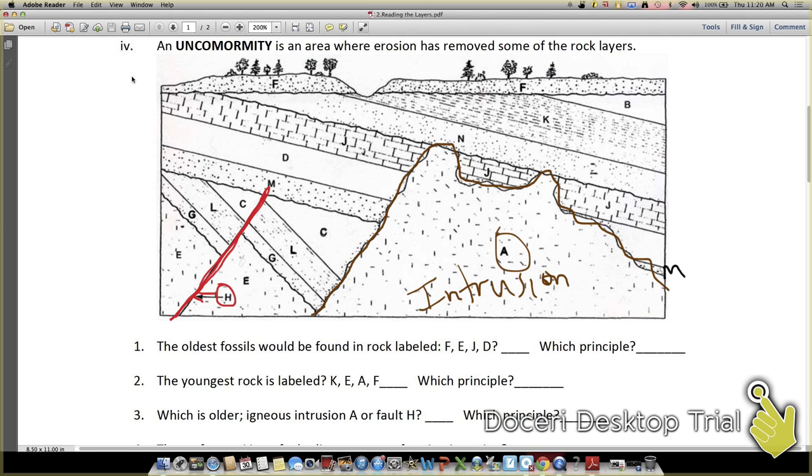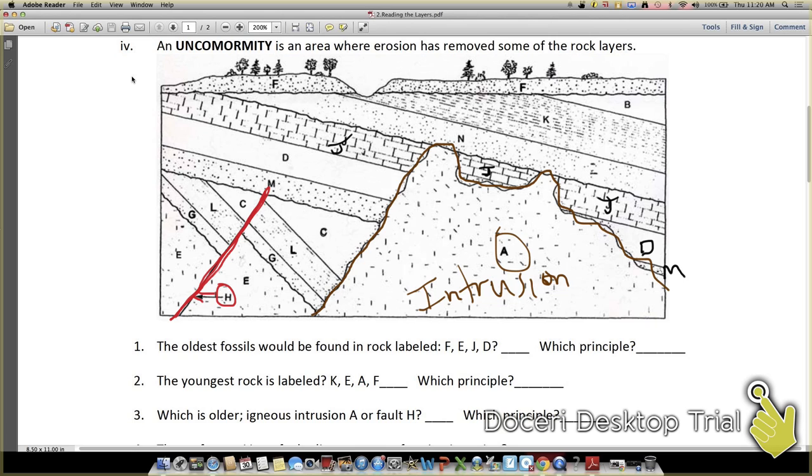Is D totally identified? No, it's also over here on the intrusion. This helps you get a better picture of the picture. Is J totally identified? Yes. We have it here, here, and here. Is N totally identified? Yes. K, yes. D, yes. And F, yes. So we're ready, right?